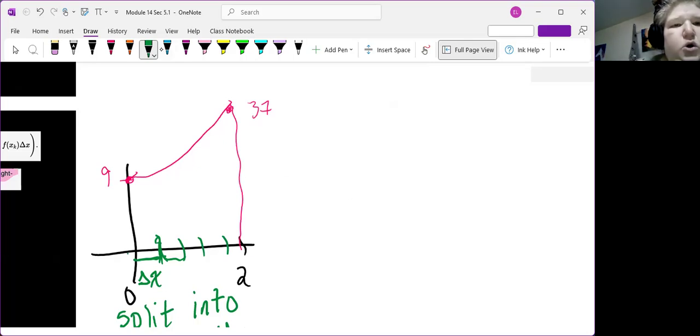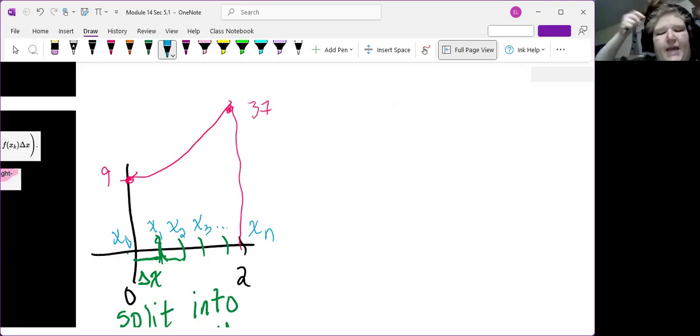So that sequence of x values that they said, we have our starting point and our ending point, and then we have x1, x2, x3, and it'll keep going until we get to xn, because we're going to use that generic n case, so then we can make n go to infinity, and the rectangles will all be little tiny widths, and then poof, we'll have a lovely area under the curve.